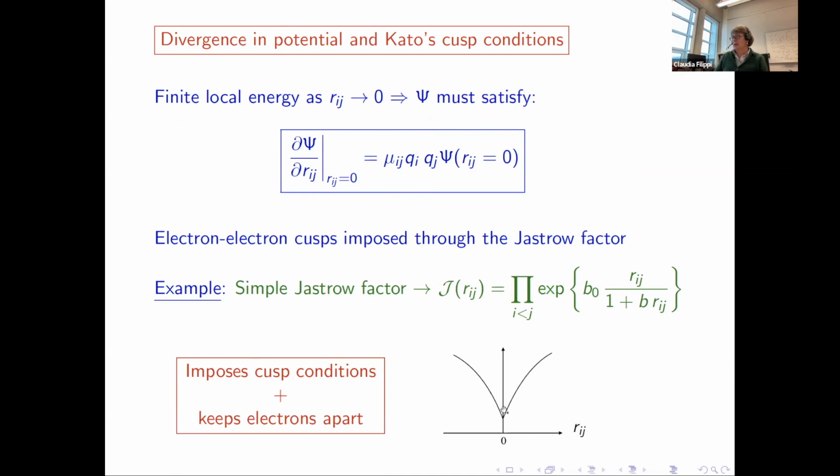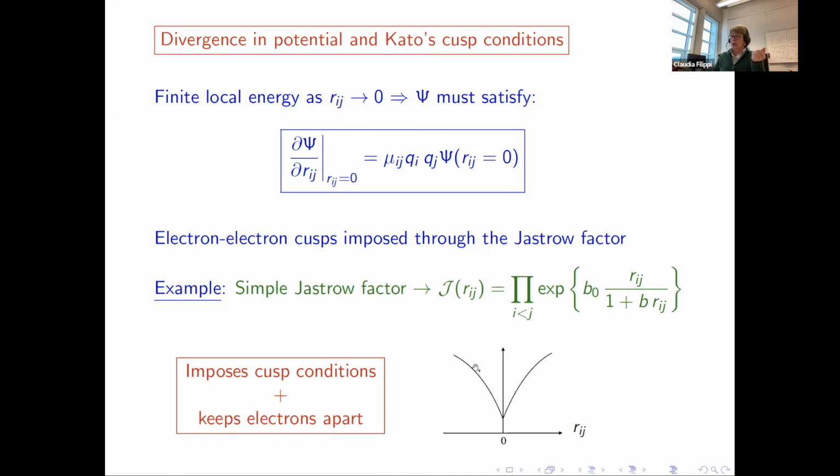It's very easy to impose this condition by, for instance, writing the Jastrow factor as the exponential of a function depending on r_ij. It's going to have a linear term, and by choosing b_0 to be a half for antiparallel electrons and a quarter for parallel electrons, you will impose Kato's cusp condition, and the local energy as two electrons approach each other will remain finite.